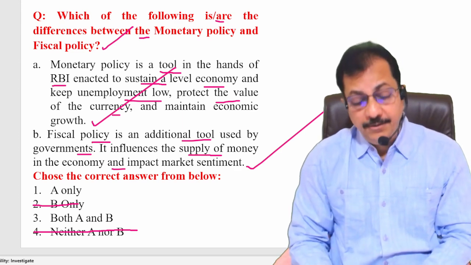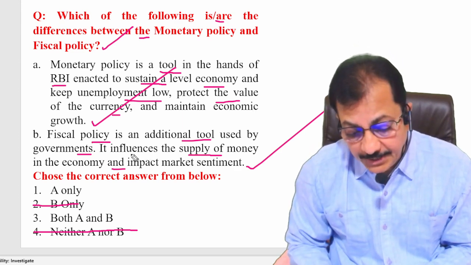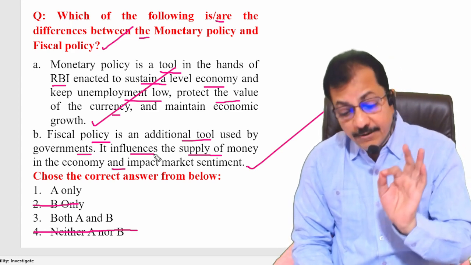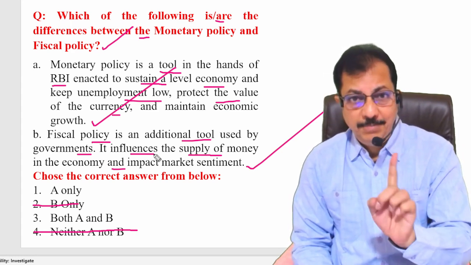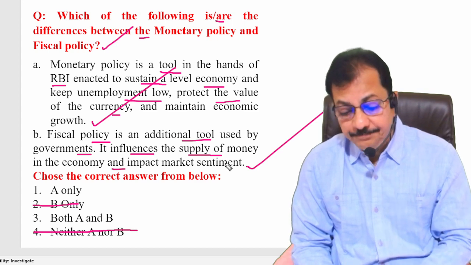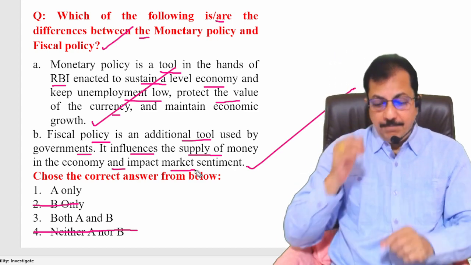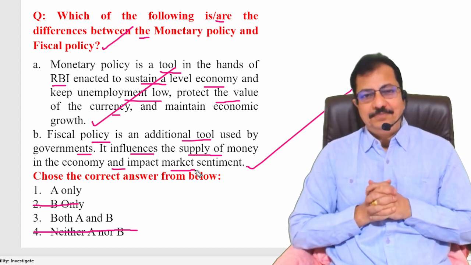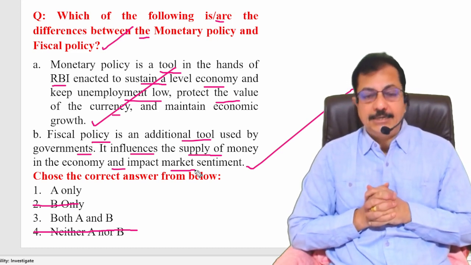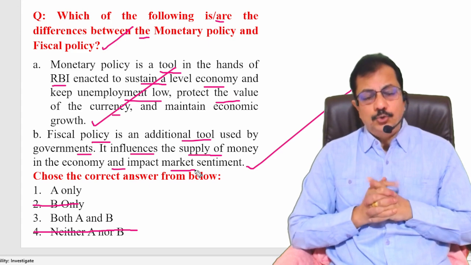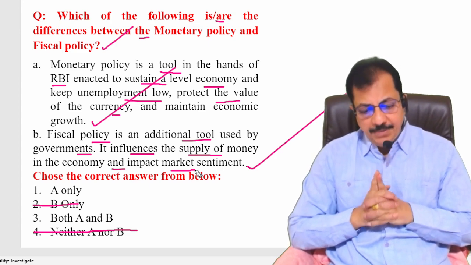But the decisions of the government may influence RBI to push the money. That is the reason why, if you look at the second sentence, fiscal policy influences, it is not implementing, it influences the supply of money in the economy and it will impact market sentiment. That statement is correct. So statement A is correct, statement B is correct.